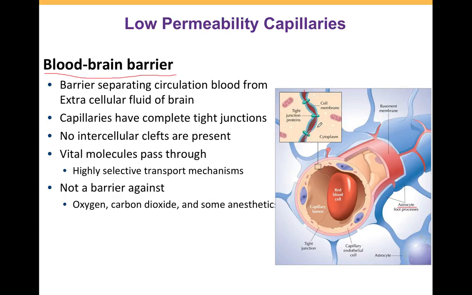I do want you also to understand that even though you have tight junctions and astrocytes, some molecules do pass through, including oxygen, carbon dioxide, and some of the anesthetics, which enable the person to go to unconsciousness when consuming those medications.